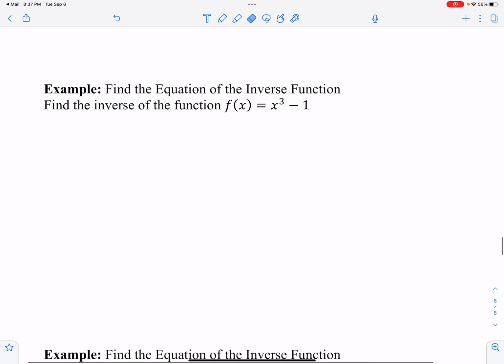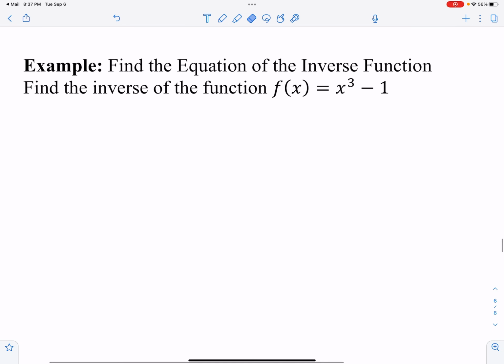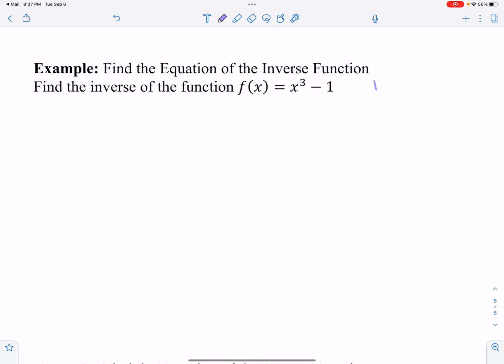So let's work through some of these. So we're going to find the inverse of x cubed minus 1. Now we know that this graph would pass the horizontal line test. You can visualize, so we know horizontal line test passes, therefore one-to-one. So we can move forward, and I'm going to switch f of x to be y.